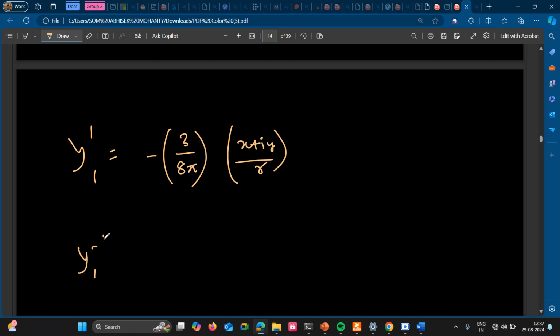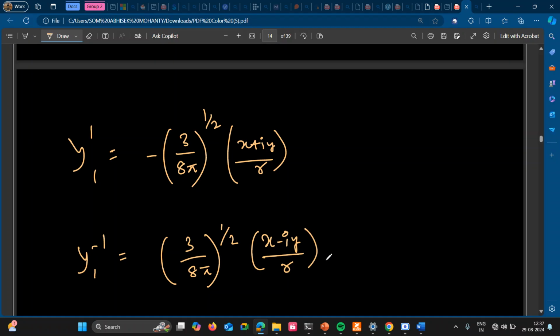So Y11 will be minus of root 3 by 8 pi, (x plus iy) by r, and Y1 minus 1 is root 3 by 8 pi, (x minus iy) by r.